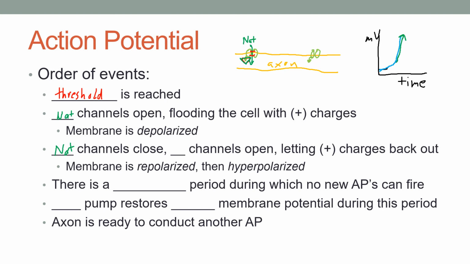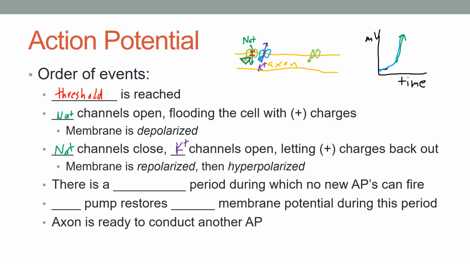Right next to that is another voltage gated ion channel, which is going to open and let potassium out.